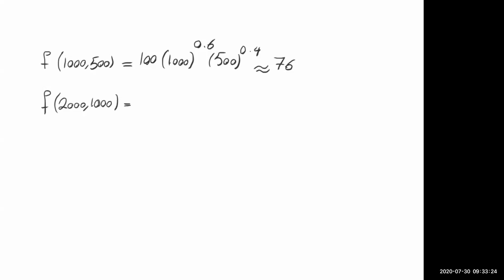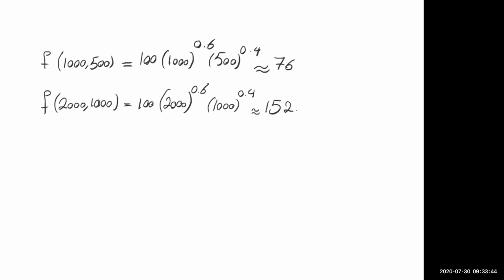Now, what is the production when x is 2000 and y is 1000? Well, it's 100 times 2000 to the power 0.6 times 1000 to the power 0.4. And that's almost equal to 152. Okay.